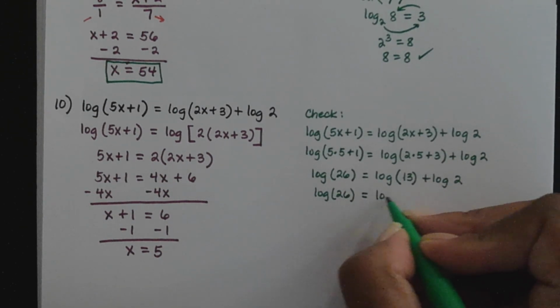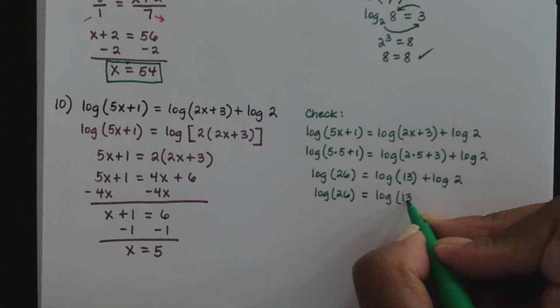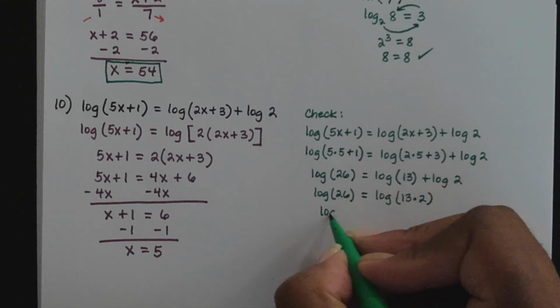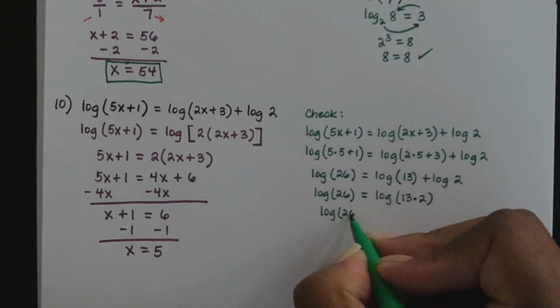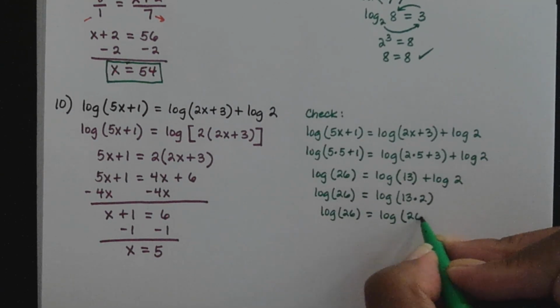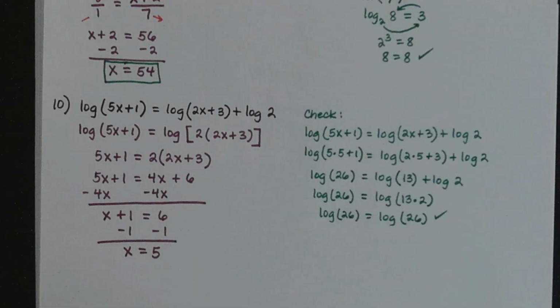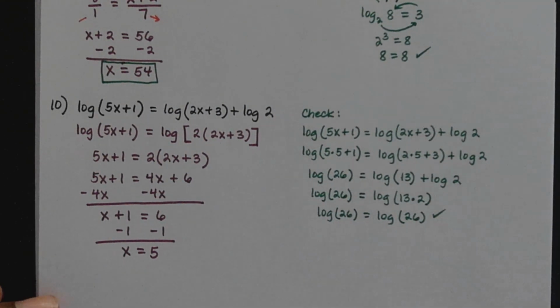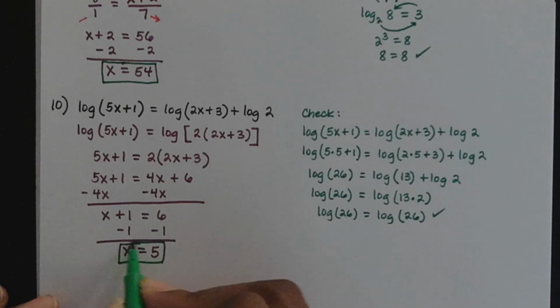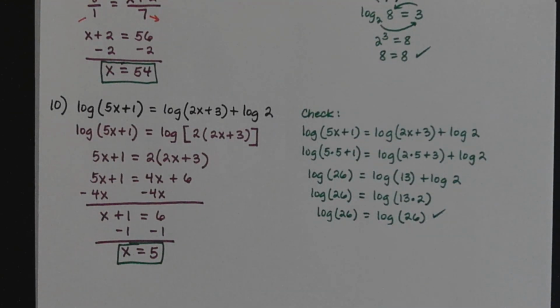So this will be log of 13 times 2. And what's 13 times 2? 26. And I will go no further than this, because notice that the left side and the right side are the same. So I can conclude x equals 5 is the solution to that logarithmic equation.